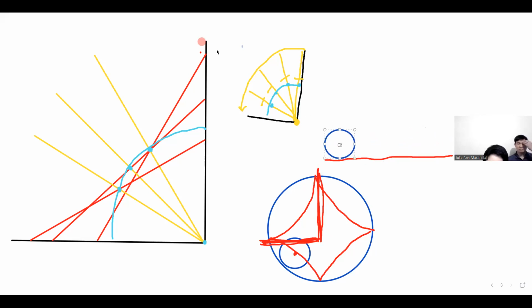It will form a curve like this, sort of like that. So this curve is called the Brachistochrone.